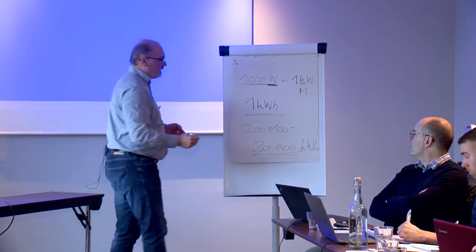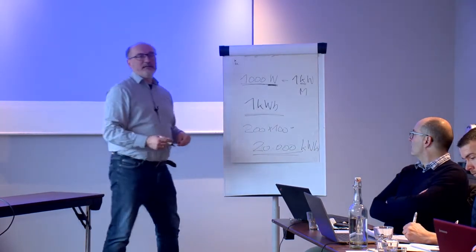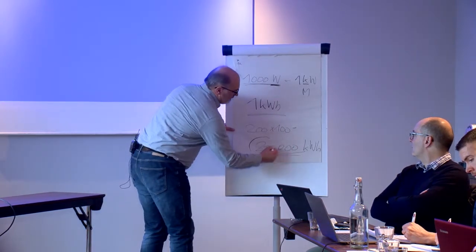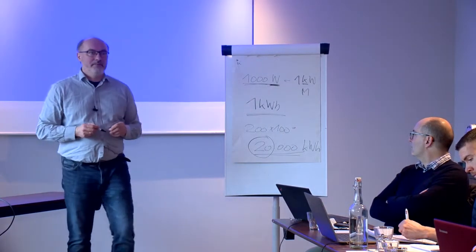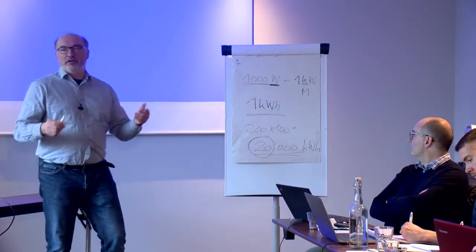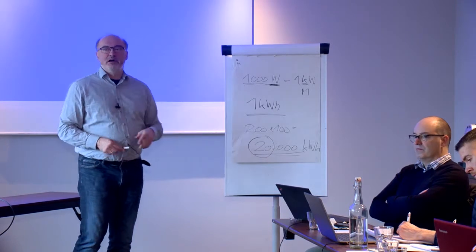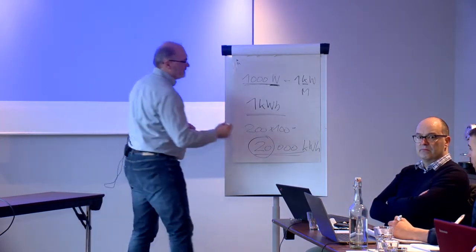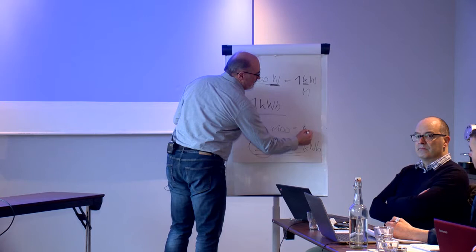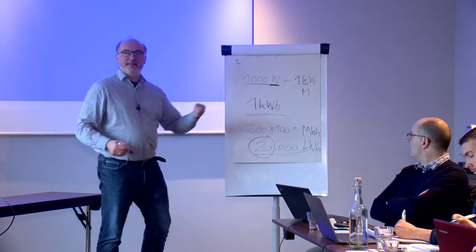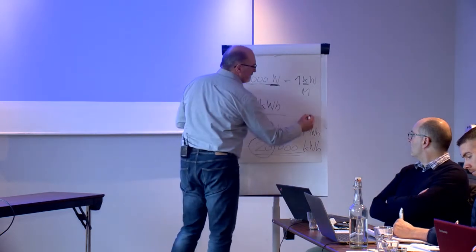And 20,000 kilowatt hours, as we say, kilowatt to megawatt is times 1,000. That would then be 20 megawatt hours. Yeah? And so on. If you multiply this by 1,000 households, then you have 20,000 megawatt hours or 20 gigawatt hours. And then again, the next size is gigawatt hours.